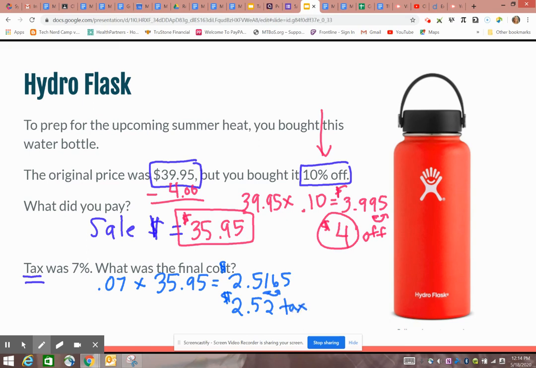So to finish this off, we need to add the tax plus my $35.95 to get my grand total. So go ahead, add those up, $35.95 plus the tax $2.52. What do you get?